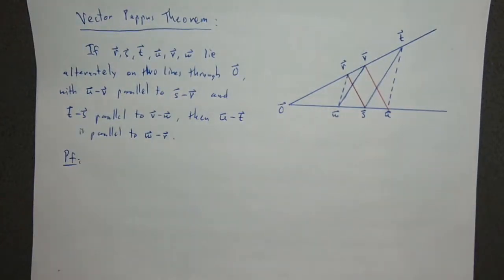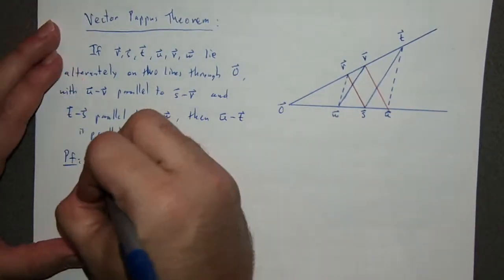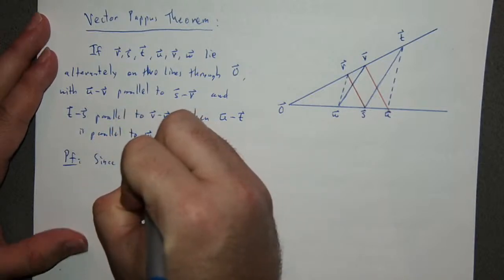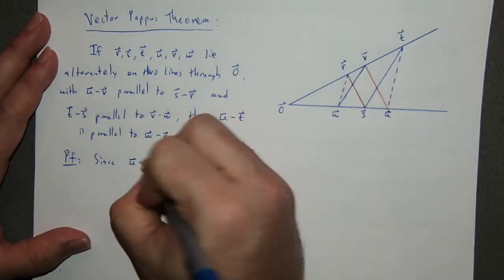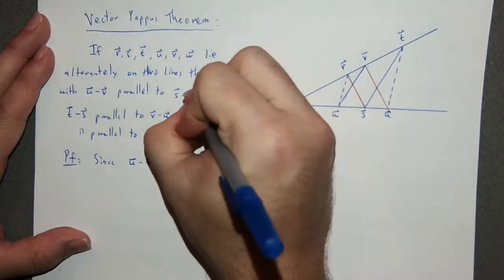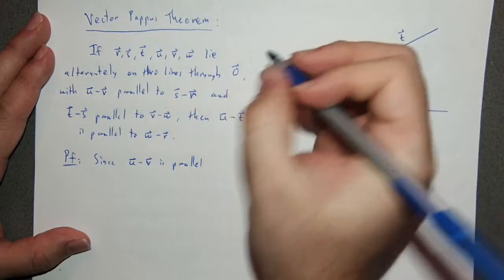Proof of this. So since U minus V is parallel to S minus R, I notice that my R's and V's look very similar, so I'll try to fix that.